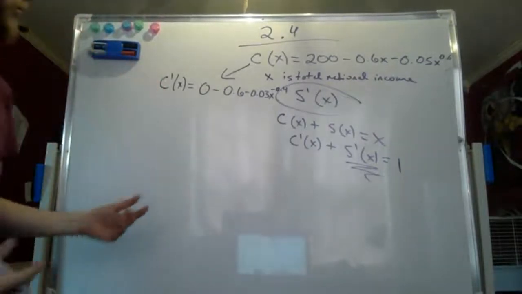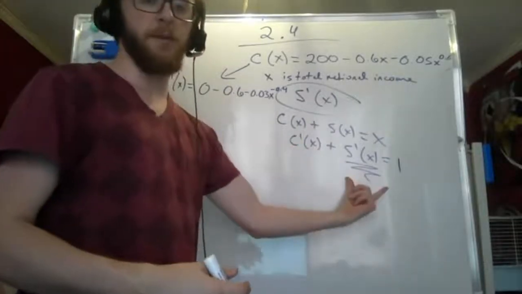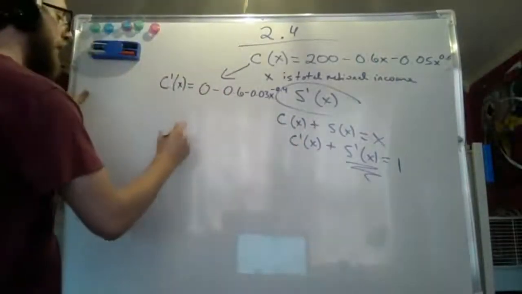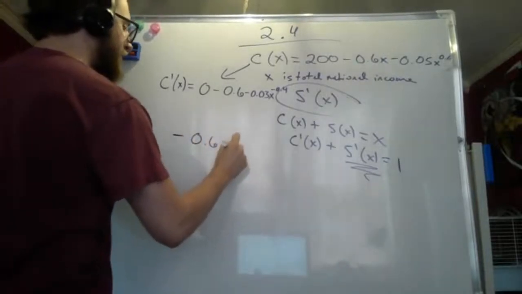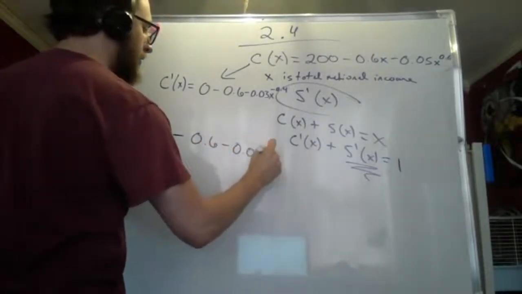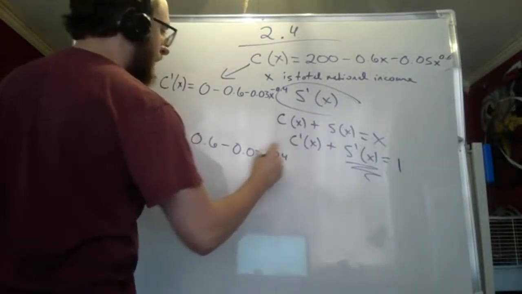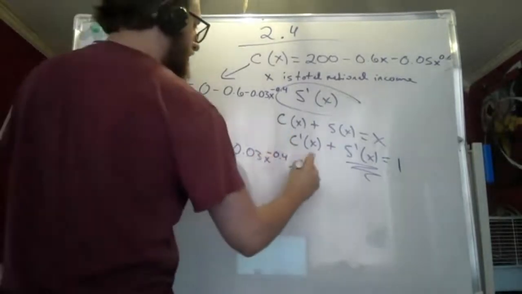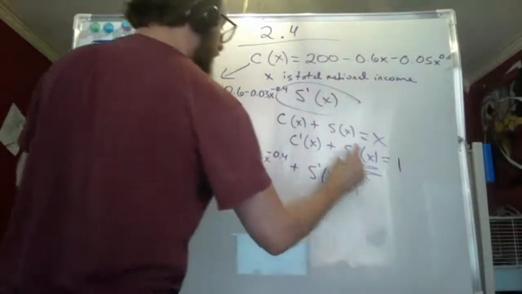All we have to do is plug this equation in and then solve for s prime. So what do we have? We have negative 0.6 minus 0.03x raised to the negative 0.4 power plus s prime of x is equal to 1.